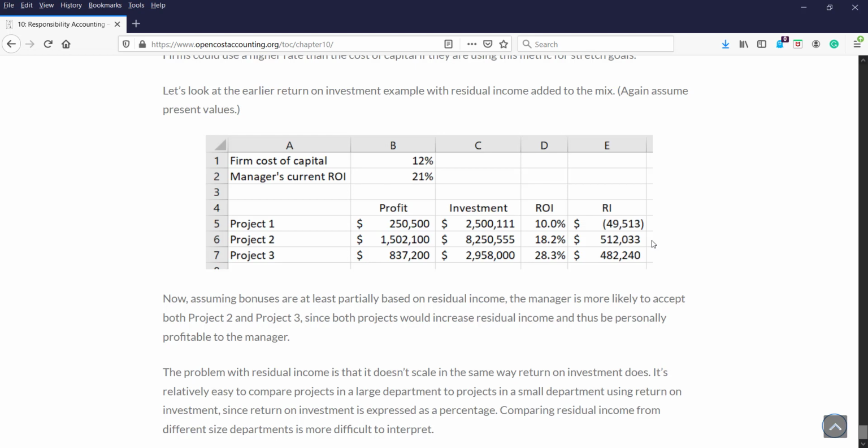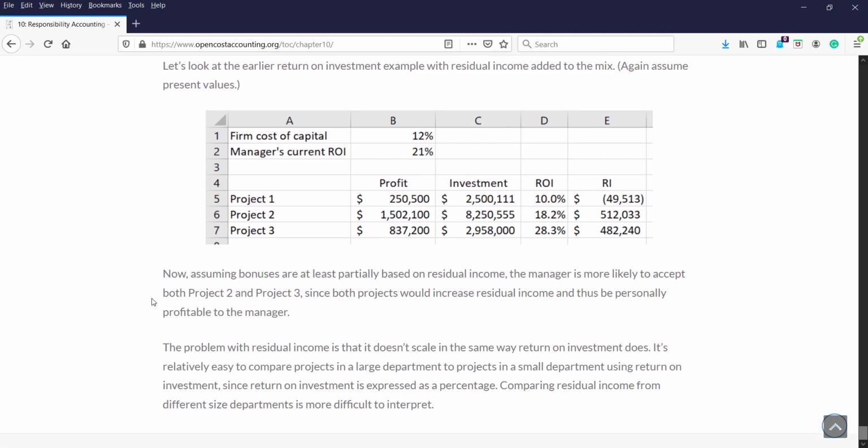I can increase residual income with this project too. I'm going to be more likely to take it on, which is what the firm wants to do. So you pair these together, and often they're a powerful tool for reducing the perverse incentives with this investment decision that we have decentralized and given to these managers on the outskirts of the firm.